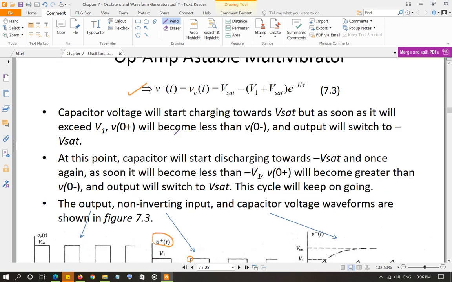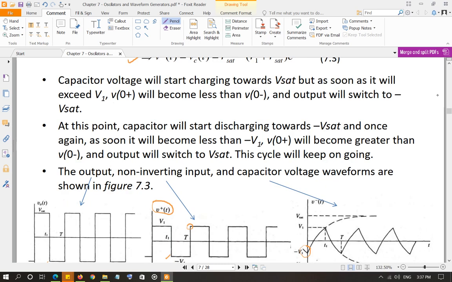Okay. So the capacitor voltage will start charging toward Vset, but as I discussed, as soon as it exceeds V1, that is V0 positive will become less than V0 negative, and the output will switch to negative Vset, sorry, this is negative right here. Negative Vset, right?